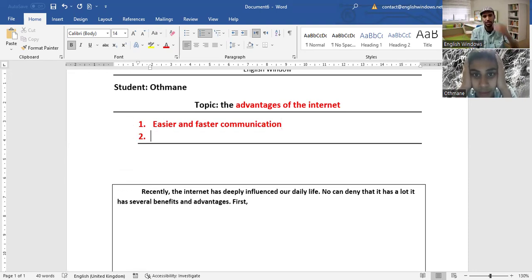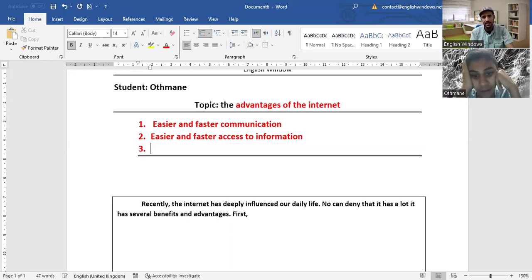Number 2 talks about easy access to information, guys. Easier and faster access to information, guys.